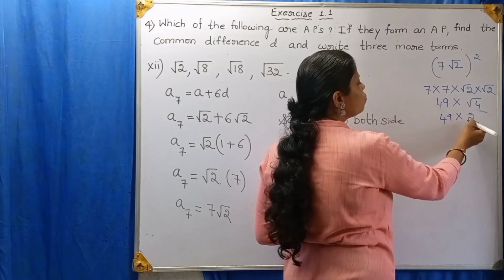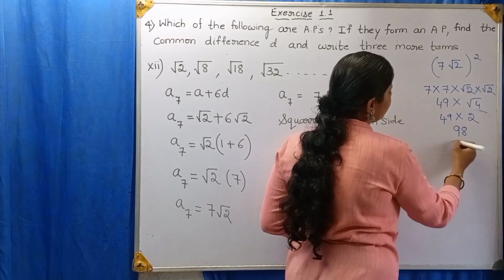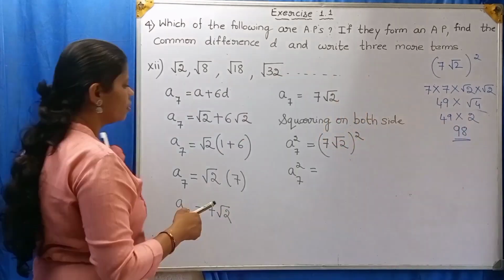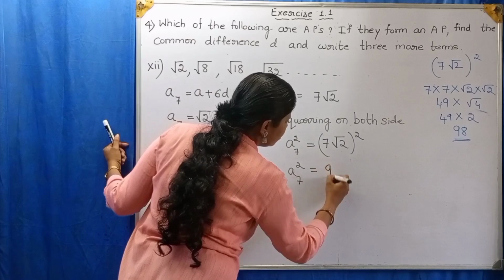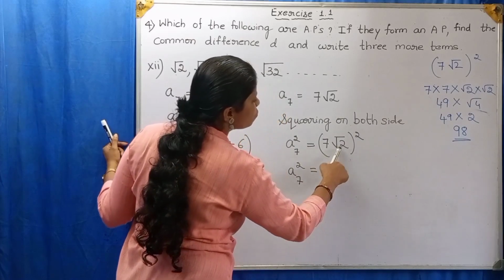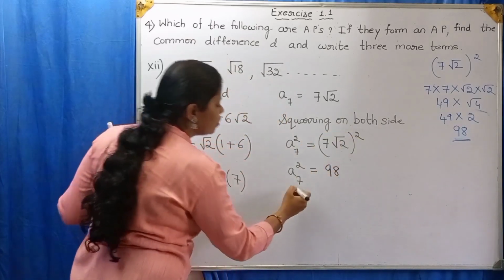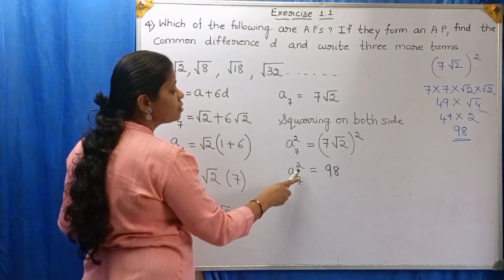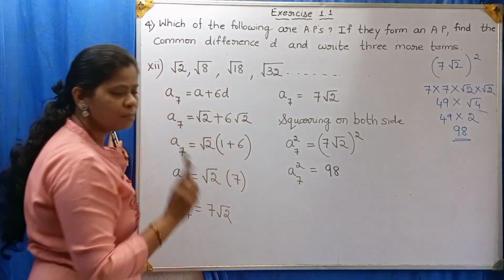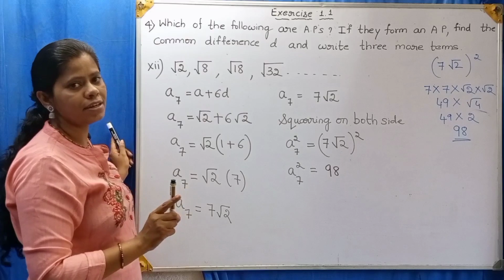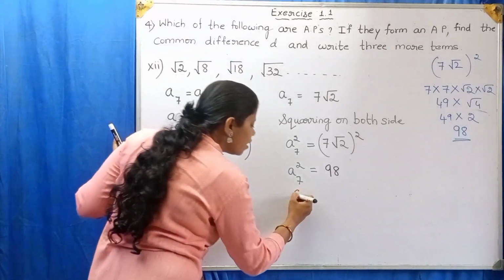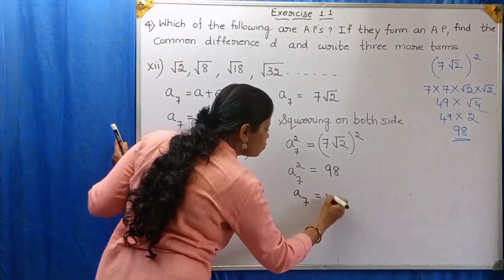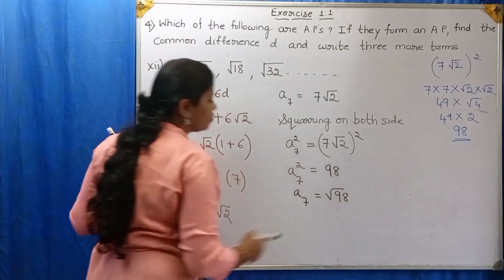Therefore 49 into 2 is what? 98. That is, 7 into root 2 the whole square is 98. Here a7 square is there, but we must get the value of a7 itself. Therefore a7 is equal to square root of 98.